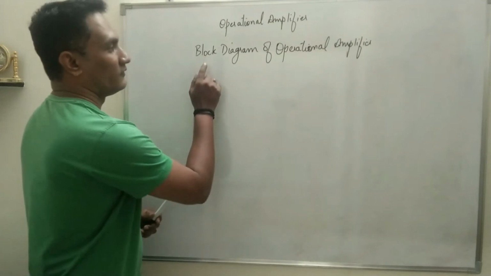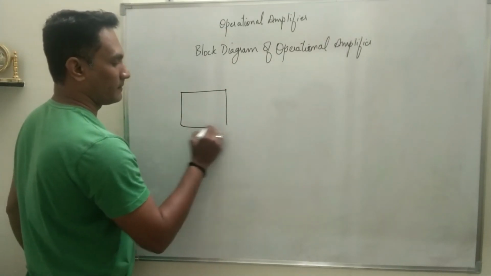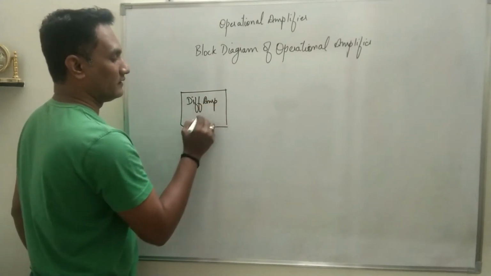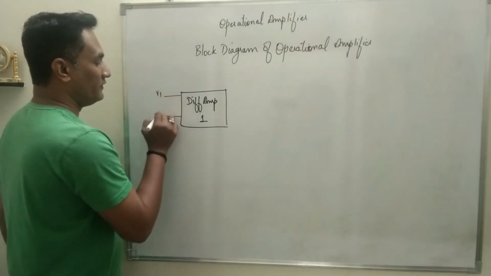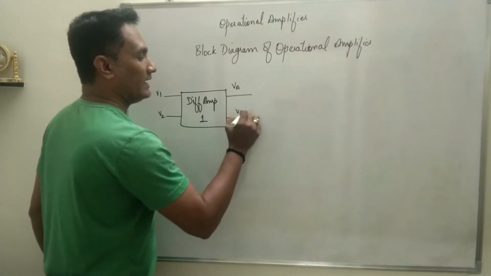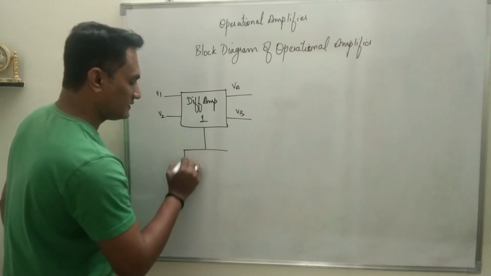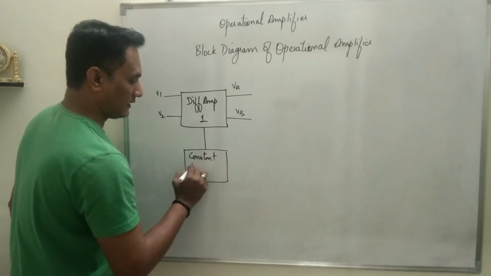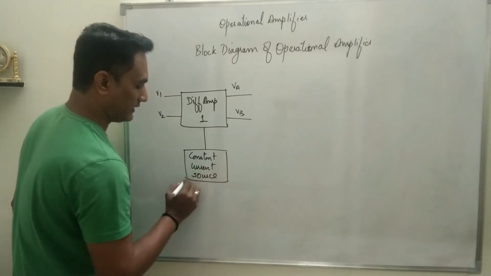So for the operational amplifier, the first block is a differential amplifier. We call it differential amplifier 1, with two inputs V1 and V2 and two outputs VA and VB. There is one more block called the constant current source.